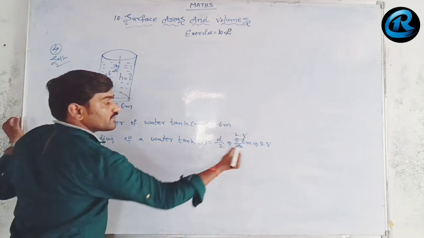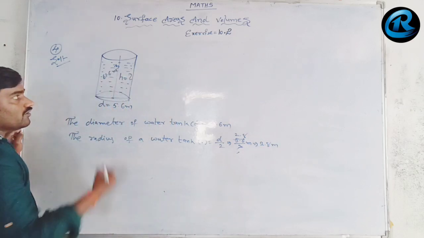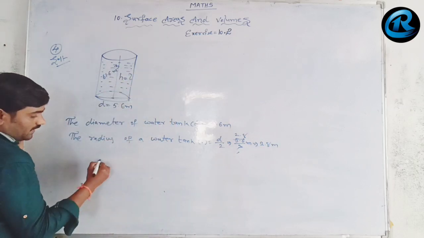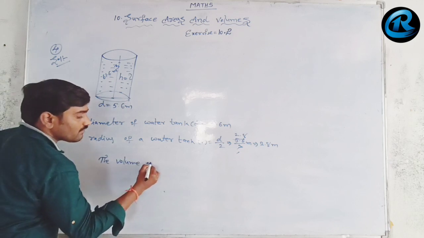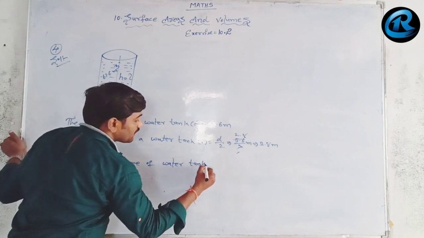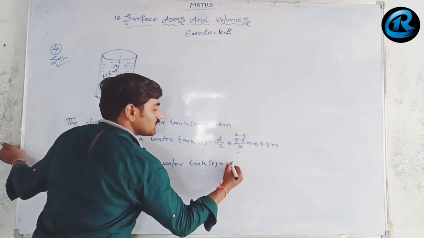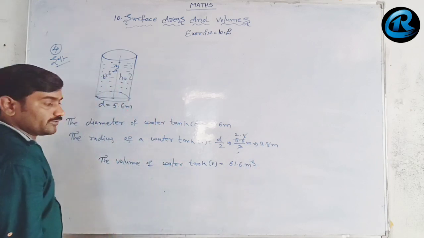Yes, R value we got 2.8 meters. Now we have the volume of the water tank, V equal to 61.6 cubic meters.